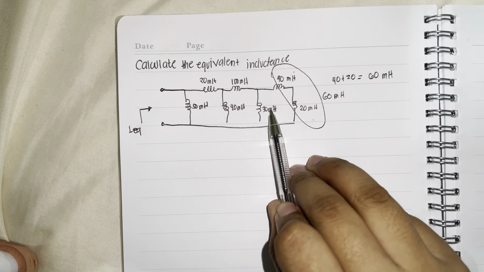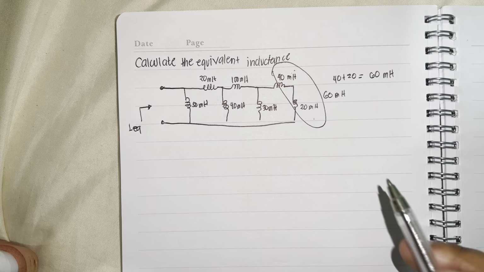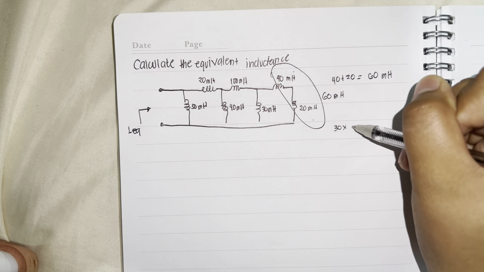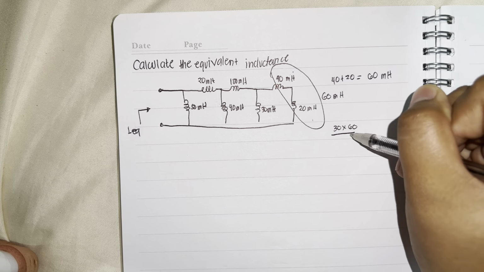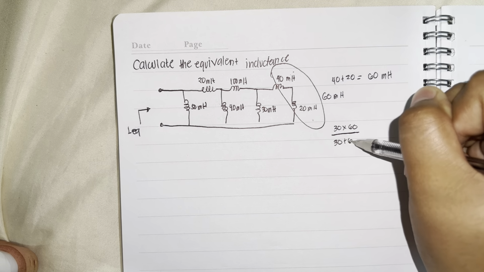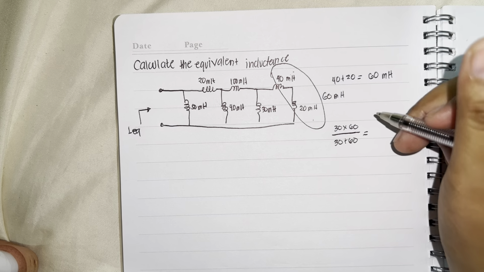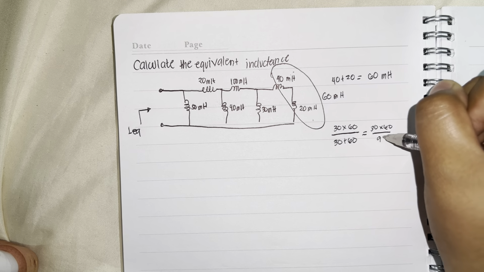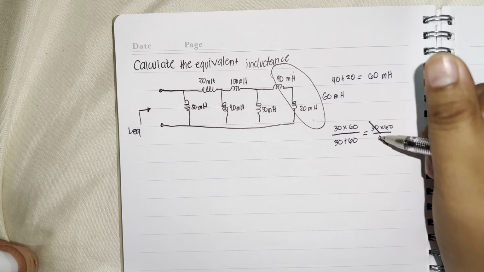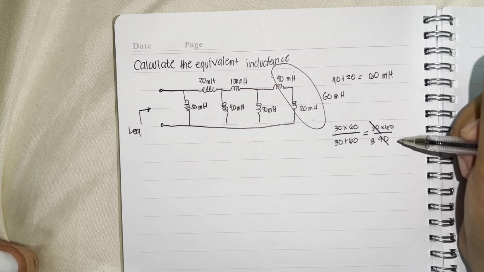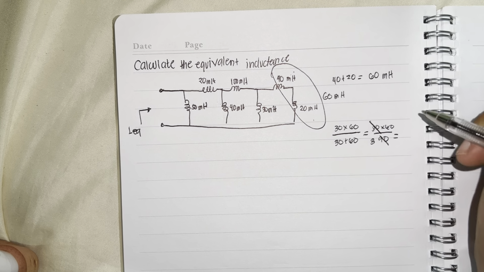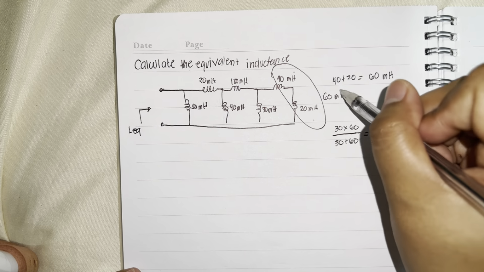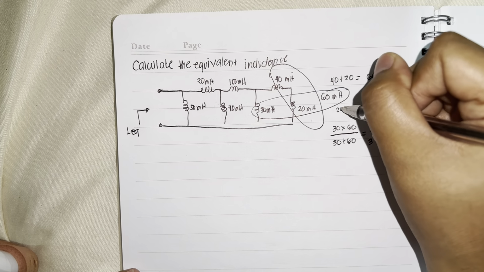The 60 and the 30 are in parallel, so we will calculate 30 times 60 divided by 30 plus 60, which is 30 times 60 all over 90. We cancel and make it into 3, and we will get 20 millihenry.